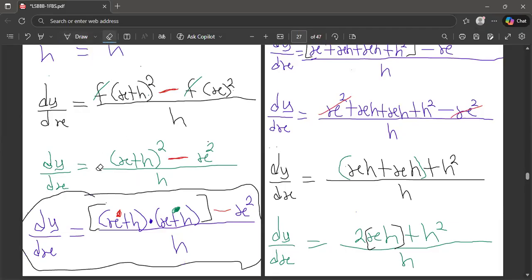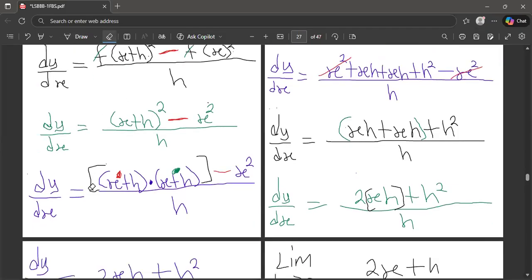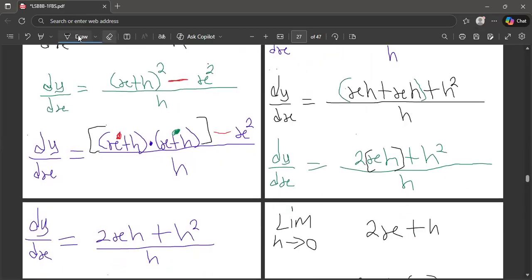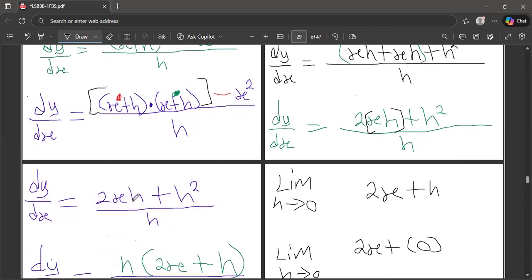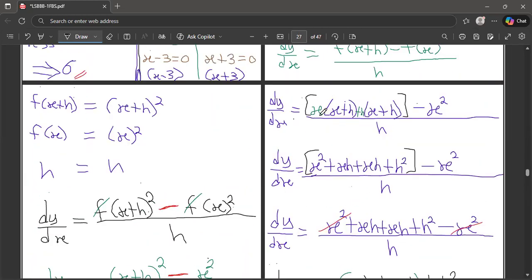Yes, sir. So from here, you realize that after expanding the brackets, we came to expand it over here. And I told you that you repeat one bracket twice and use the other one to multiply it.